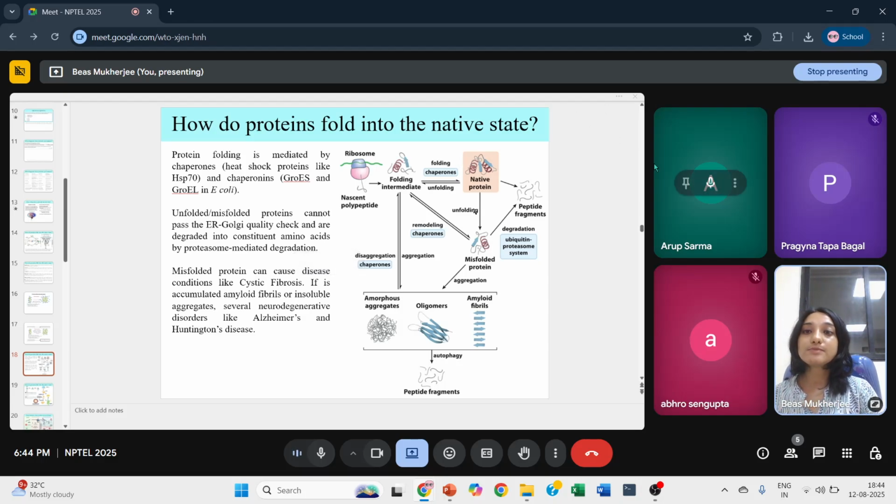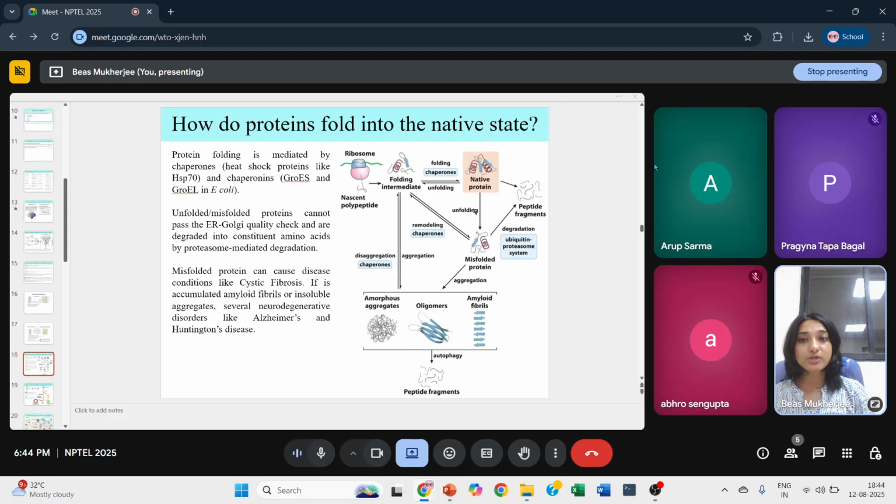So protein folding is mediated by chaperones, which are heat shock proteins like HSP70 and chaperonins, for example GroES and GroEL in E. coli. So unfolded and misfolded proteins cannot pass the ER-Golgi quality check and are degraded into constituent amino acids by proteasome mediated degradation.